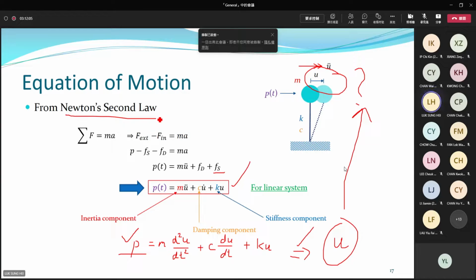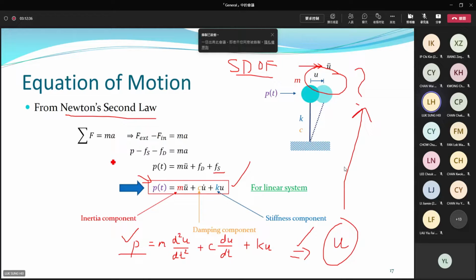Let me wrap up the contents a little bit. Today we mentioned something related to dynamics. For a dynamic system, at the beginning you can model it using a single degree of freedom system, which is characterized by three properties, M, C, K. Their relationship is this one: P equal to m u double dot plus c u dot plus Ku.